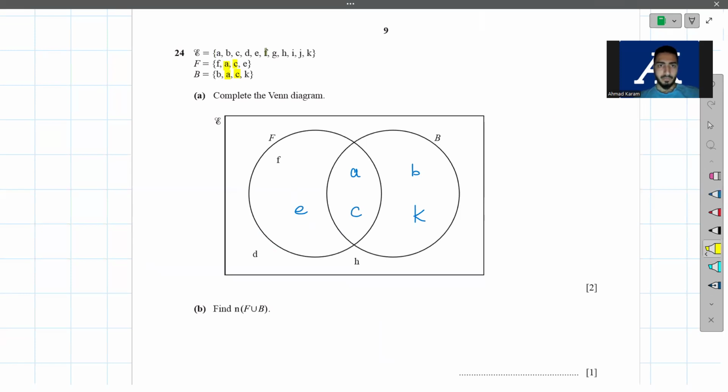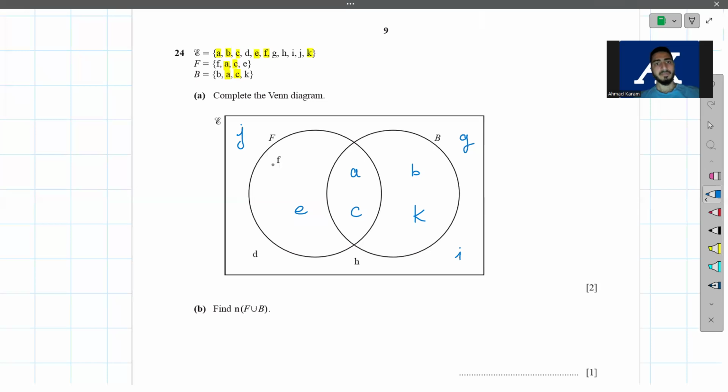We have back and face. Okay, we have K, A, B, C, D, E, F, and K. Okay, so the remaining letters here, we are going to write them here, which is D, H, G, I.